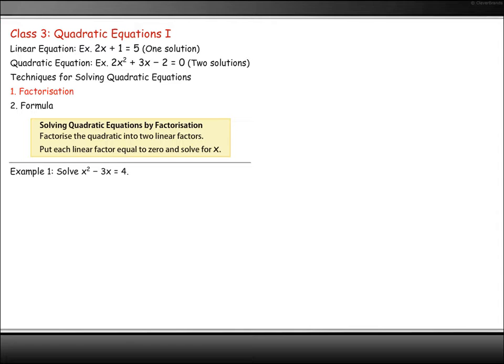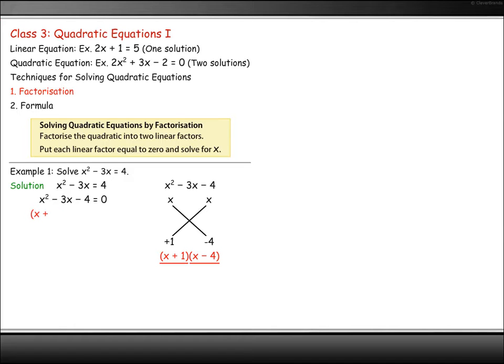Example 1. Solve x squared minus 3x is equal to 4. Bring all the terms to the left-hand side so that you are left with 0 on the right-hand side. Factorize the quadratic. It is a trinomial, so you know the technique well at this stage.